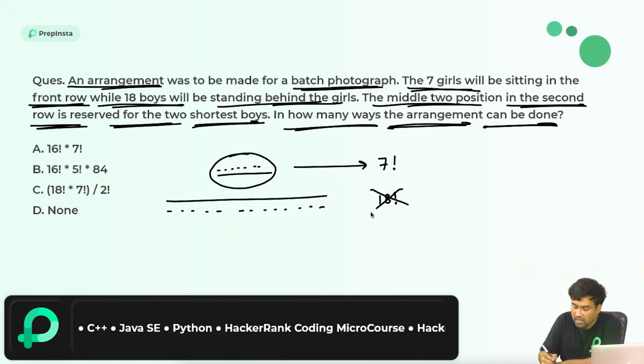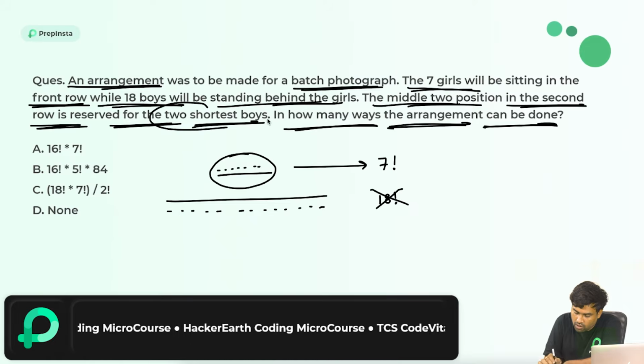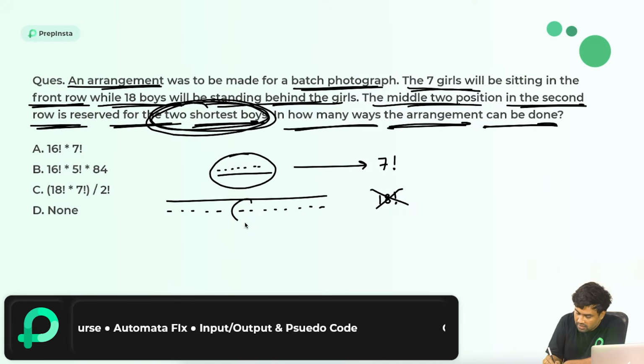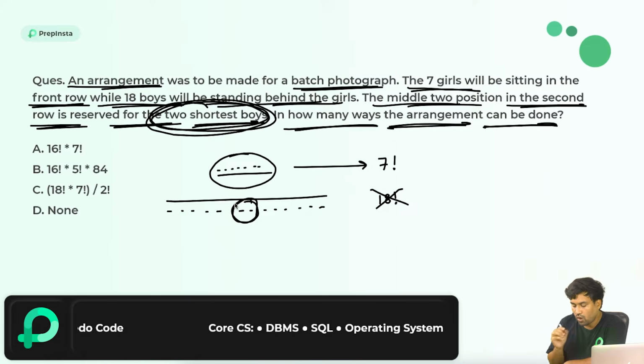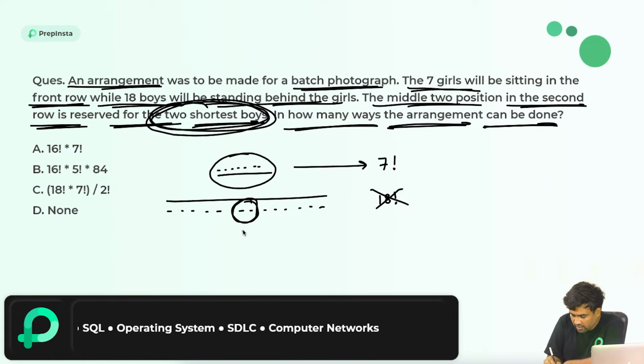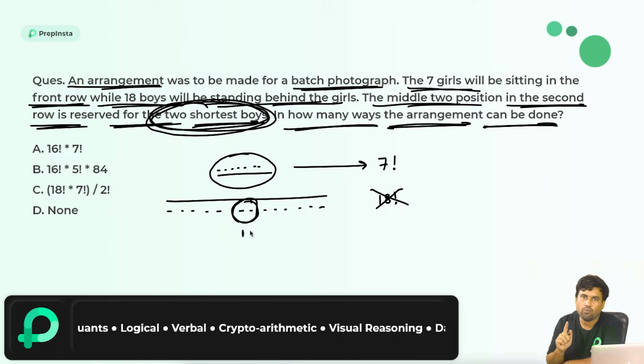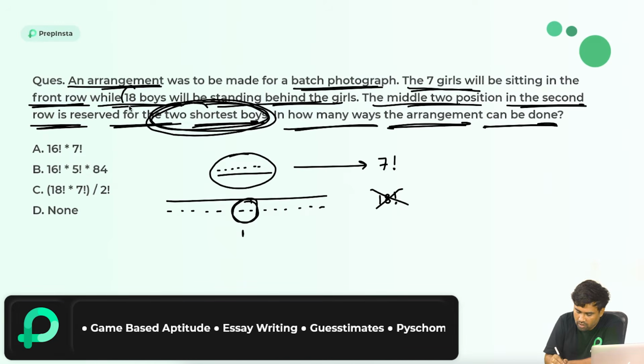Why? Because they have given the special condition that the two shortest boys always need to come at the center place, right? So I am assuming that these 2 boys count as 1 boy. So the total boy strength will not be 18 now, it will be 17. So 17 factorial.